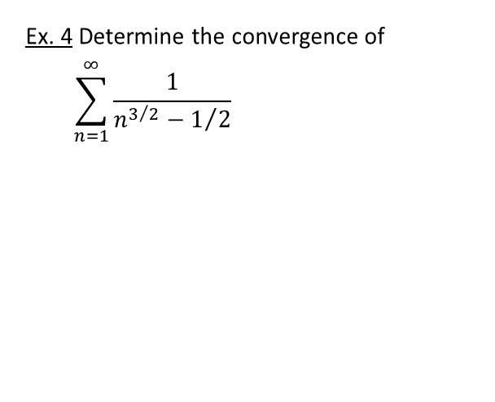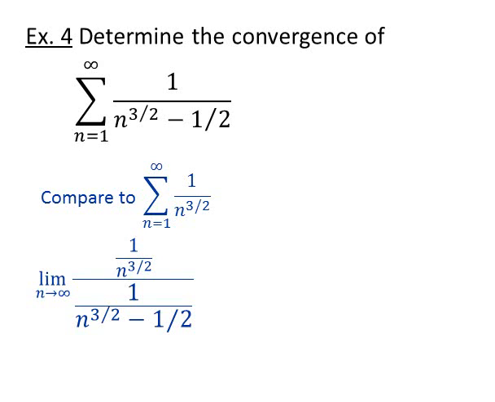So I'll use the limit comparison test to show whether the series 1 over n to the 3 halves minus 1 half converges or diverges. Let's compare to the series 1 over n to the 3 halves. I need to calculate the limit of 1 over n to the 3 halves over 1 over n to the 3 halves minus 1 half as n goes to infinity.